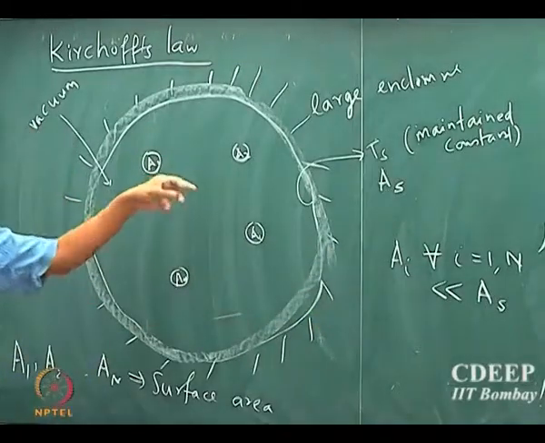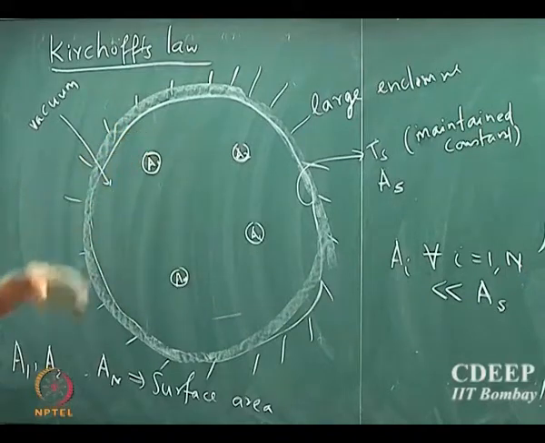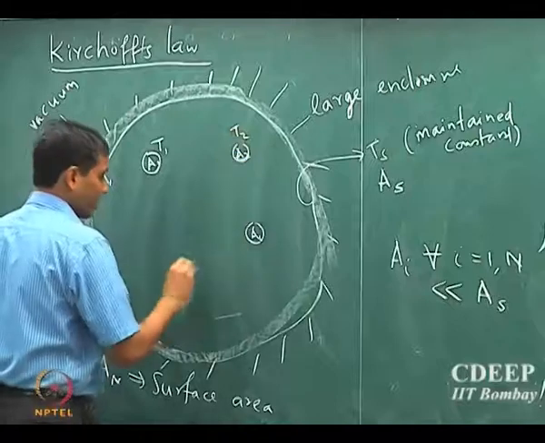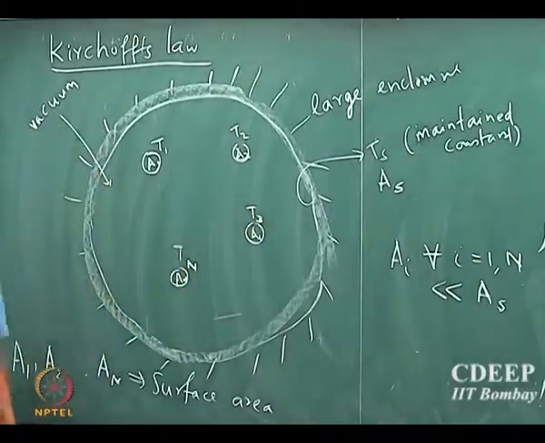These are minuscule particles floating inside this large enclosure, and the temperatures are T1, T2, etc. up to Tn. That's the temperature of the surface. Is that clear to everyone?